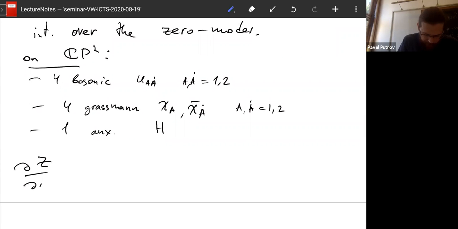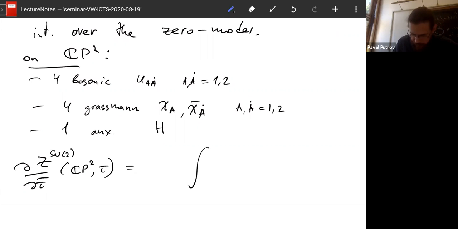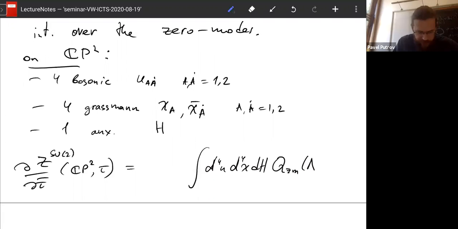And then everything boils down to the calculation of the finite dimensional integral over those variables, U, chi, and H. Inside the integral, we have all the pieces which we had before.